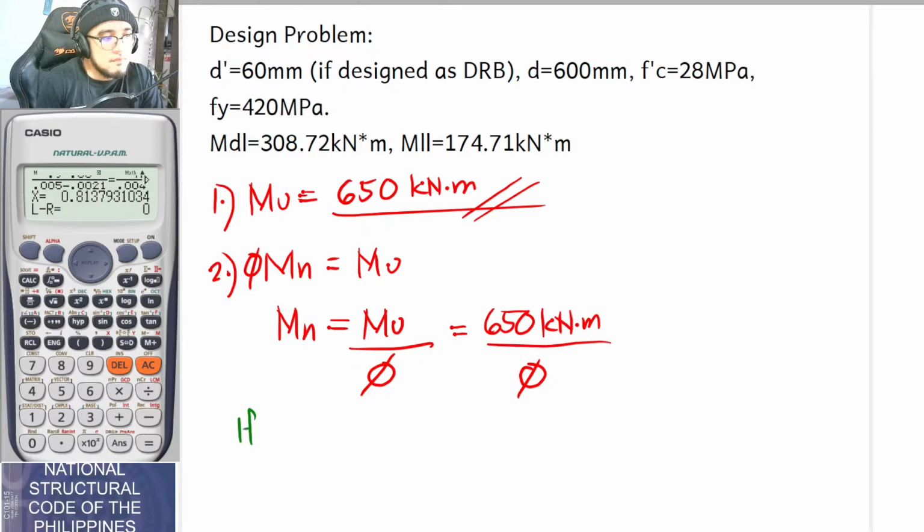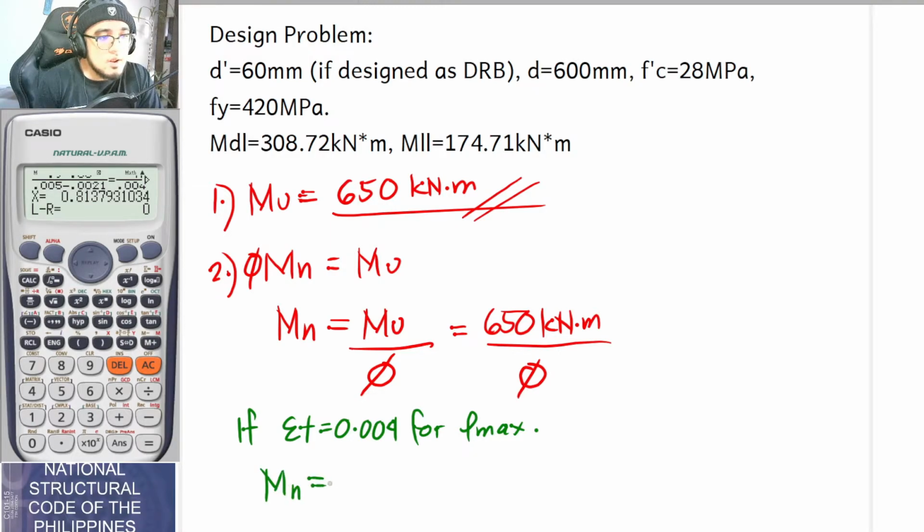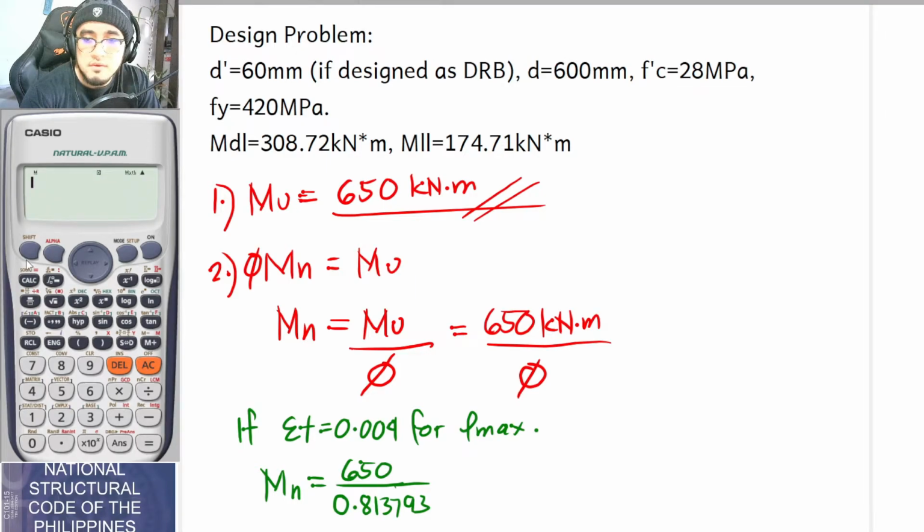So if strain T is equal to 0.004 for raw max, your MN is equal to 650 divided by 0.813793. I think it is better if you use the fraction counterpart of that value, 118.1145, so that you do not need to round off any longer.